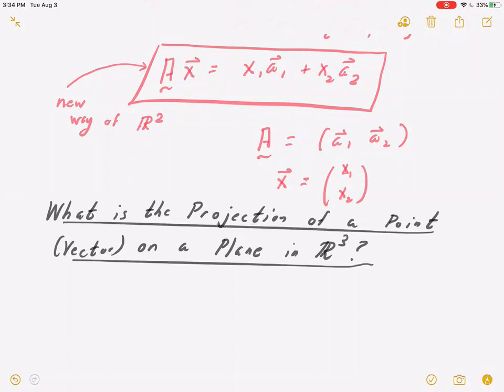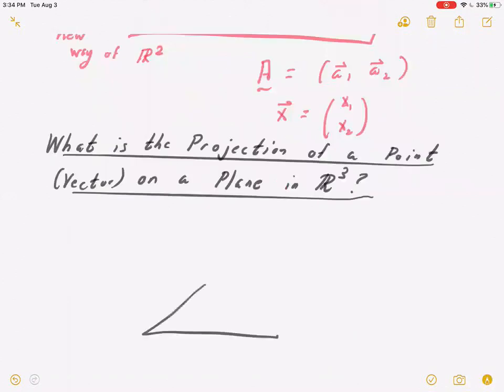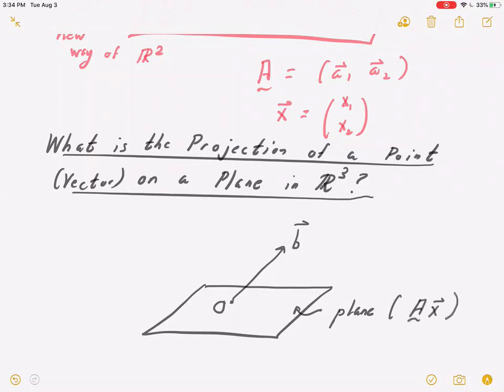So what's the picture? Here's a vector. Here's an origin. Here's a plane. And this plane is a set of points or a set of vectors that come from this matrix vector equation.